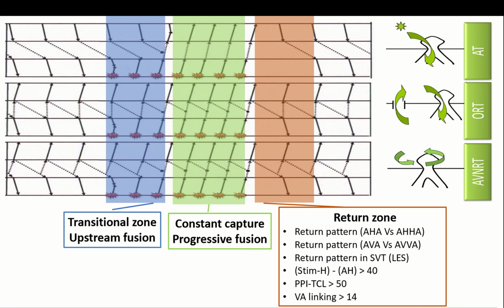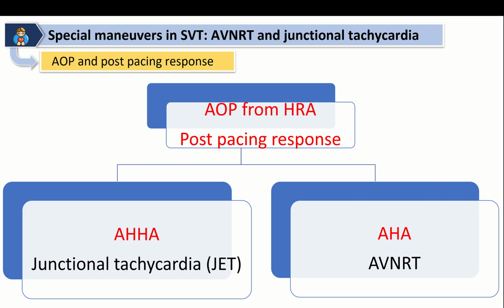Now let's go to the first scenario in which we will see the atrial overdrive pacing from the high right atrium, then assess the post-pacing response. It will help us so much, in a golden rule, to differentiate AVNRT from junctional tachycardia, a common scenario that we have to know how to approach.